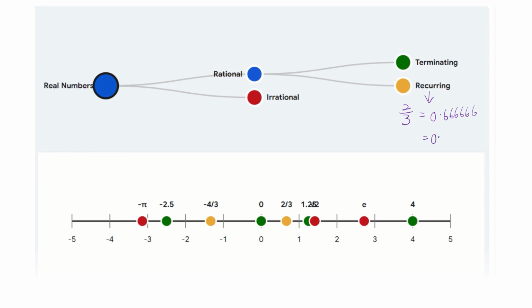So this 2/3 is called a recurring number, and sometimes you can write it with a little dot on top of the number 6 because the 6 is the one that repeats. That's called recurring, or sometimes it's called a repeating decimal. Negative 4/3 is also a recurring decimal because it's negative 1.33333, and so on and so forth.